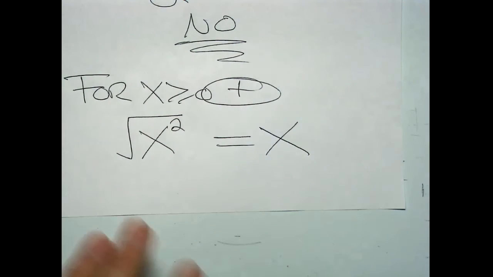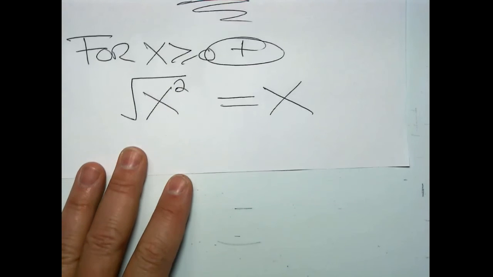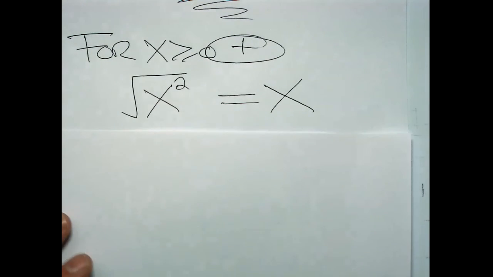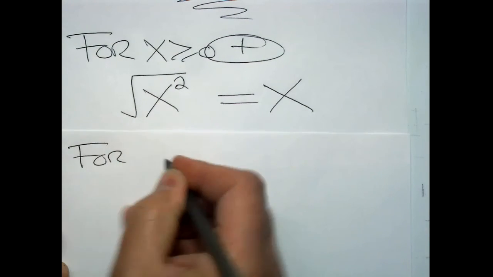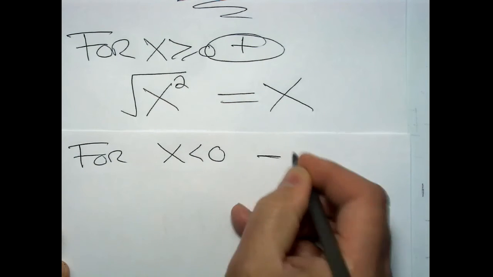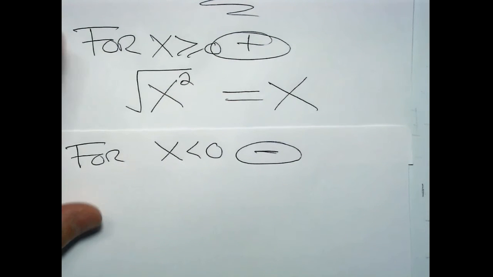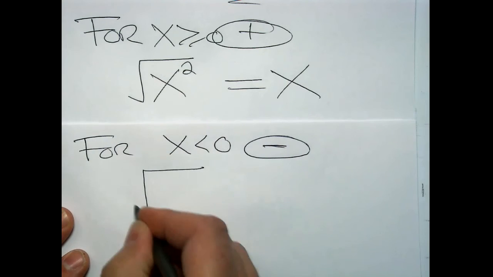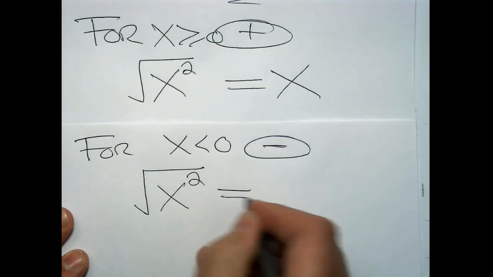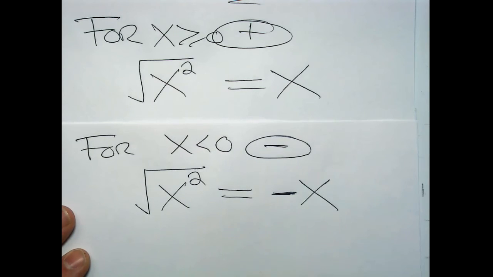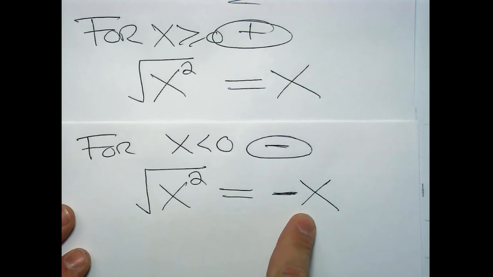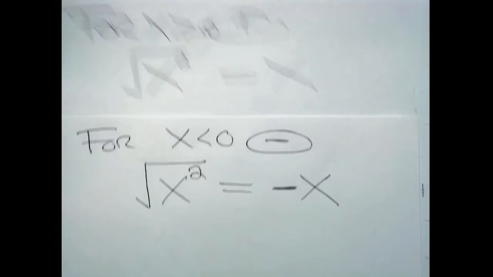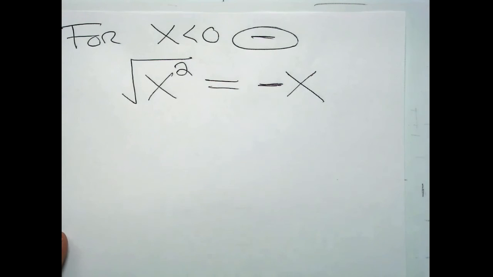No problems there. But for x's that are negative, you cannot do that. I just showed you that it doesn't work. What you're going to have to do instead is state that the square root of x squared is not x, it's minus x.